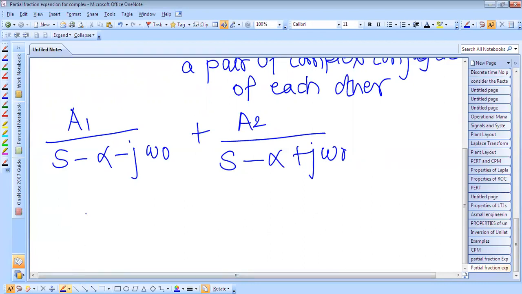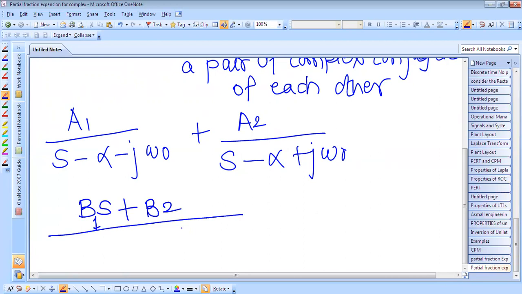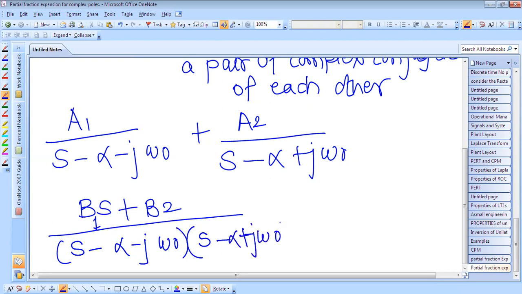The single quadratic term we can write like this: if a1 and a2 are complex conjugates of each other, then b1 s plus b2 divided by s minus alpha minus j omega naught times s minus alpha plus j omega naught.